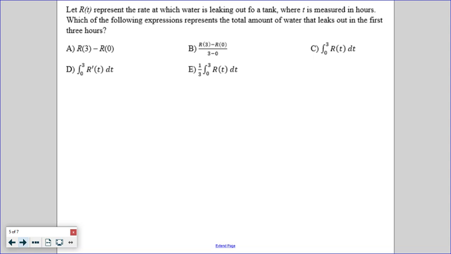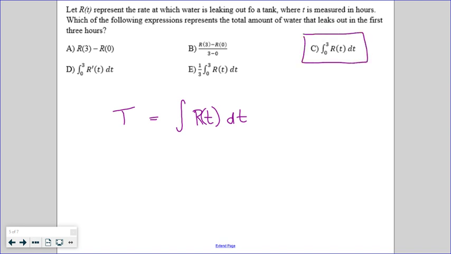So total amount of water, if R is our rate, we would be looking at the integral of that, totaling up how much is under that rate of change to get our total amount of water. And they said in the first 3 hours, so we'd be looking from 0 to 3.